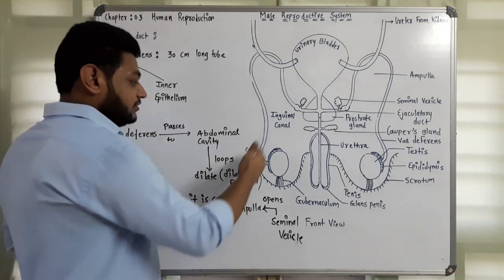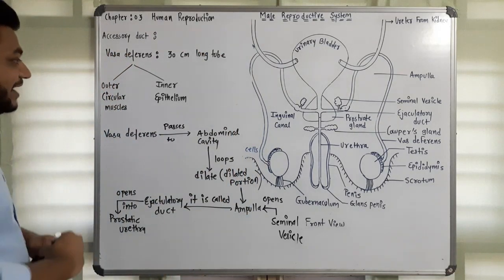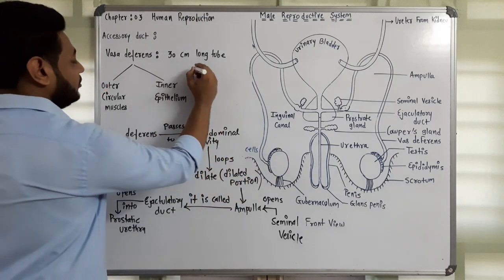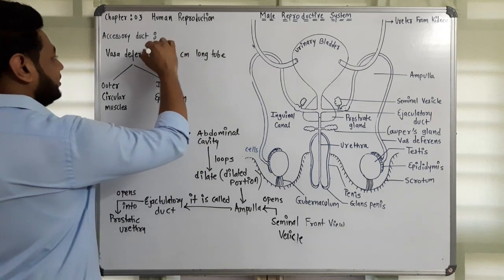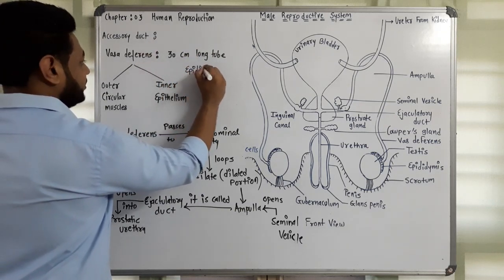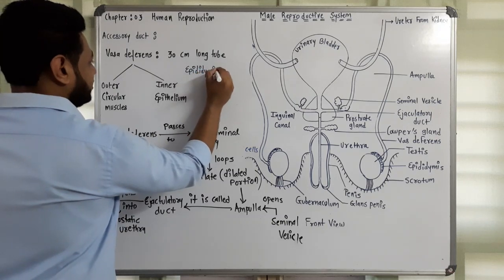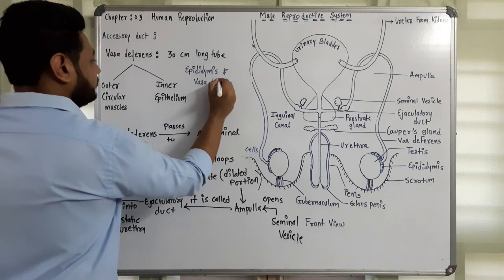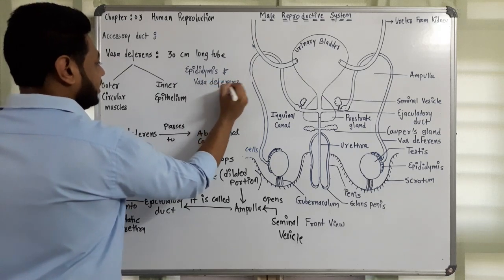So by which activity does the sperm travel? The activity of the epididymis and vasa deferens, that is, pulsation activity.